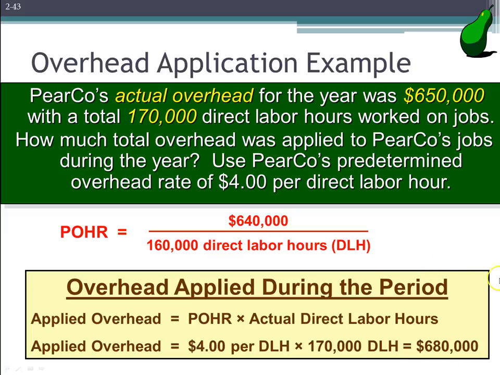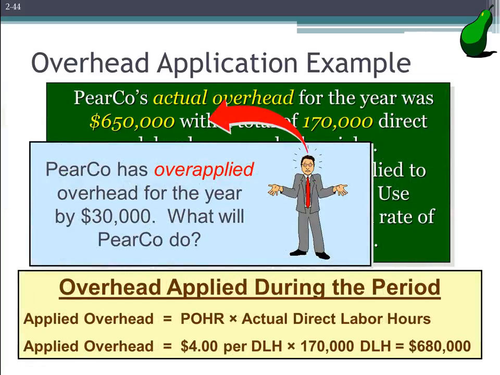The problem is we only had $650,000 of actual overhead costs, yet we assigned $680,000 cost to it. So we applied more than what we actually had, which means we are over applied by $30,000.